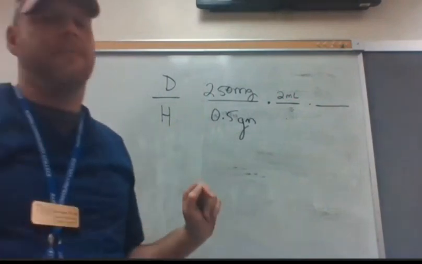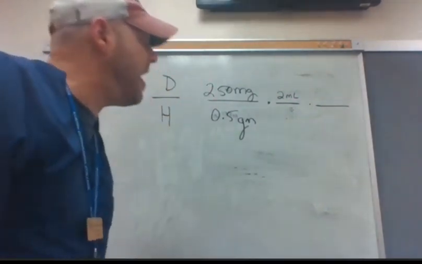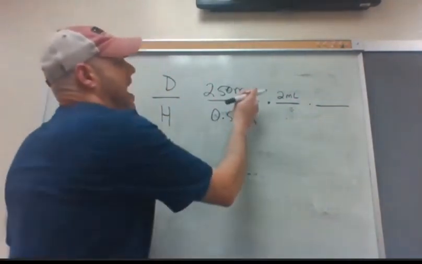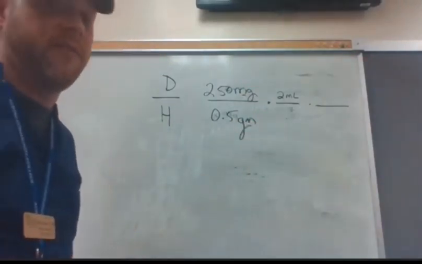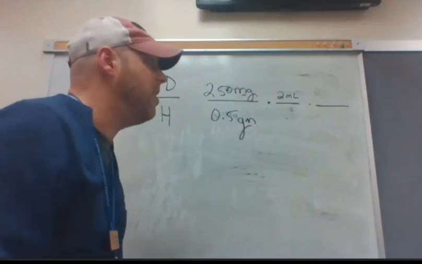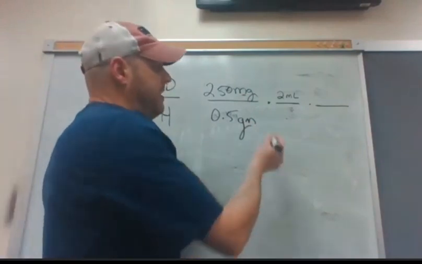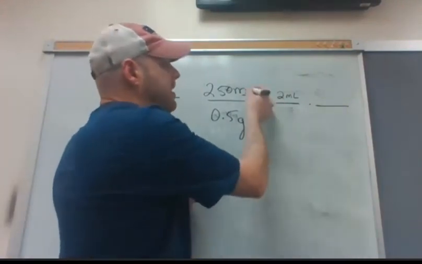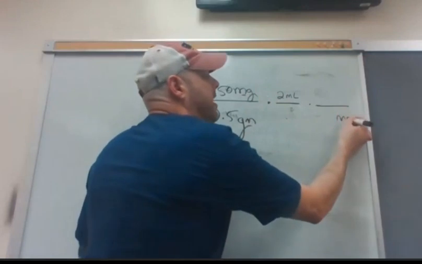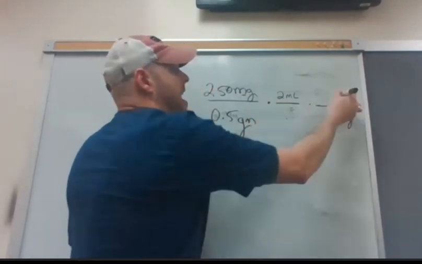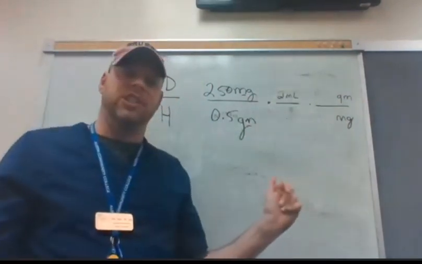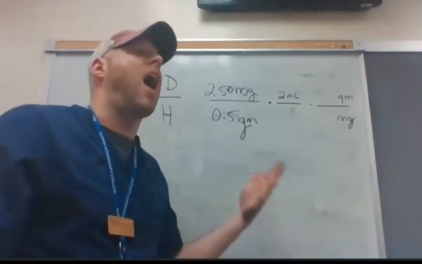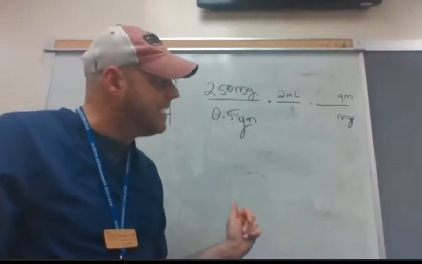All right, so I set up my problem, but I look at my problem and look, I have milligrams and I have grams, which means I need to convert that as well. So to convert, remember what I said? They have to go opposite. So milligrams is now at the bottom, and you can bring grams at the top. And all conversions are a rule of 1,000.